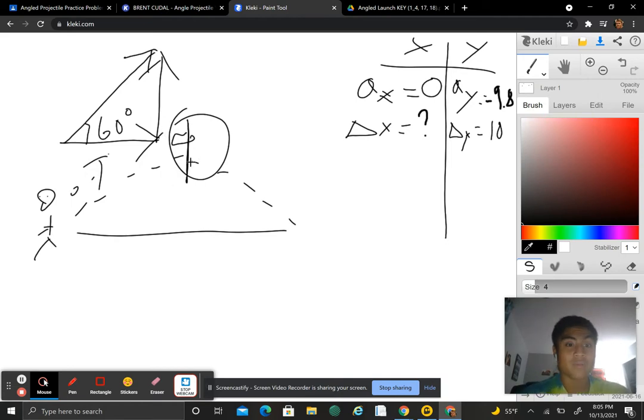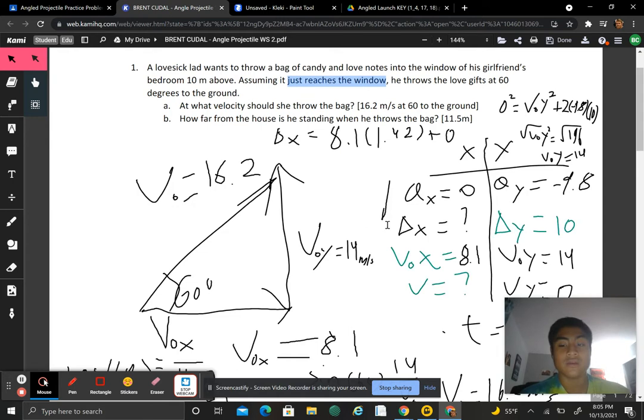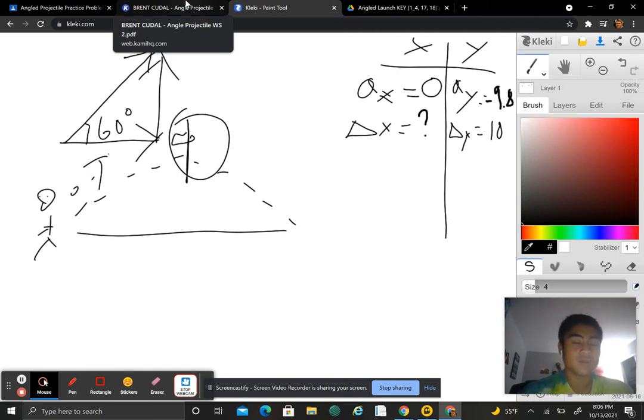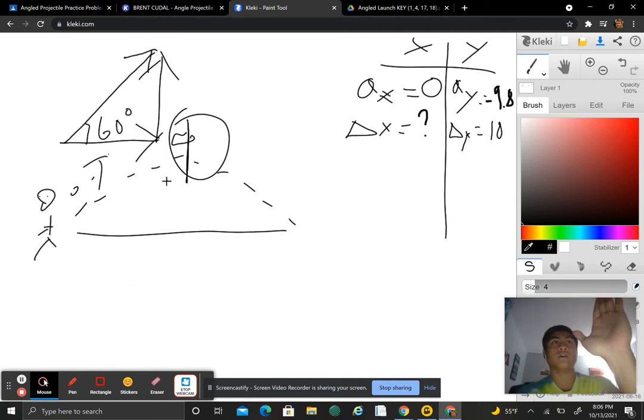At the peak of a parabola, the final velocity is always going to be 0, okay? Because when you reach the peak of a parabola, you instantaneously stop at 0 for just a split second before you go and start your velocity all the way down.